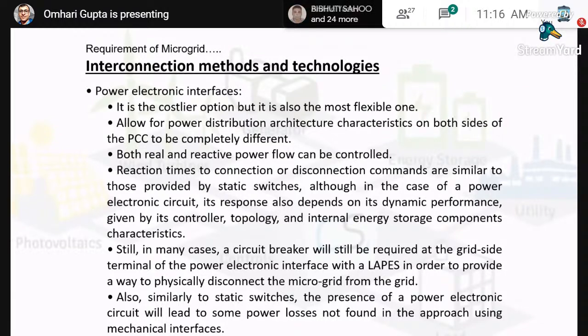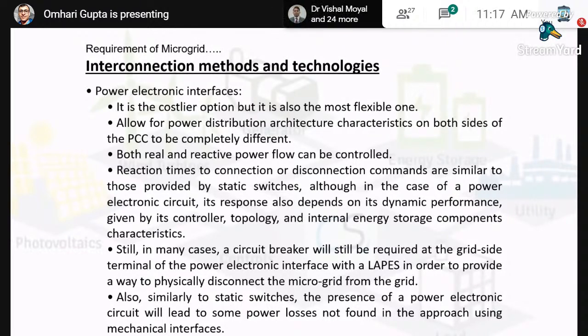Reaction times to connection or disconnection commands are similar to those provided by static switches, although in a power electronic circuit, its response also depends on the dynamic performance given by its controller, topology, and internal energy storage component characteristics.